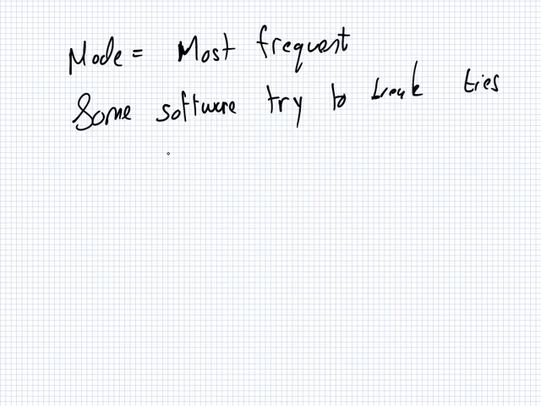So what I mean by that is, imagine you had a situation like this: 1, 2, 2, 1, 2, 2, 3, 4, 5, 5. You heard me say 2, 2 and 5, 5 twice. So here this one doesn't really have a mode.